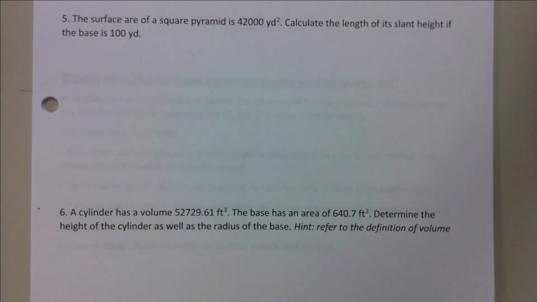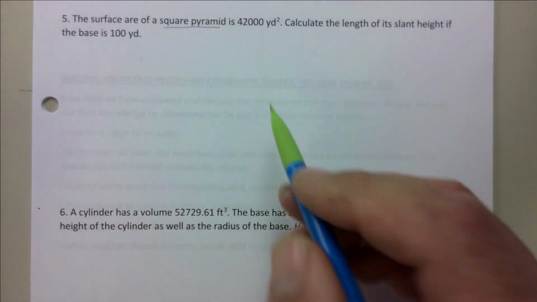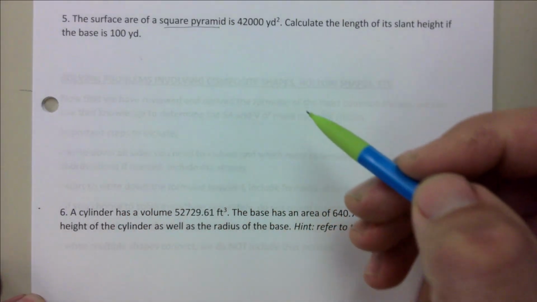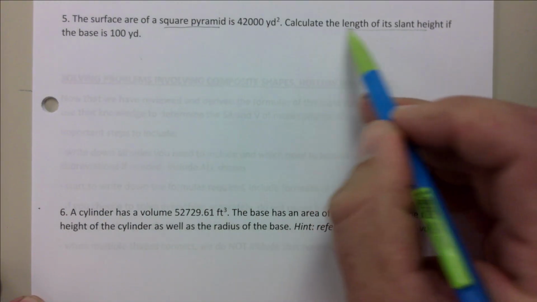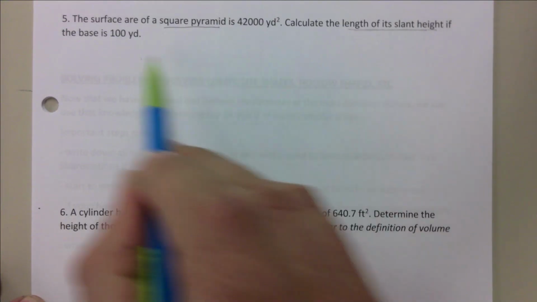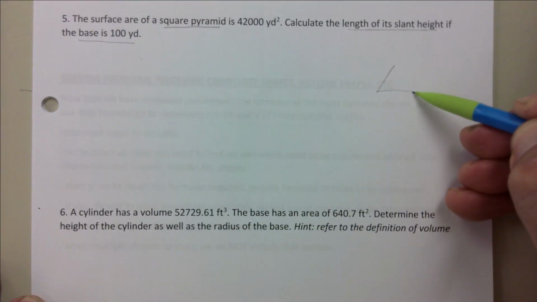Okay, this one is a little different. This one has some adding and subtracting to it. The surface area of a square pyramid is 42,000 square yards. Calculate the length of the slant height if the base is 100. Some of you like a little diagram, right?